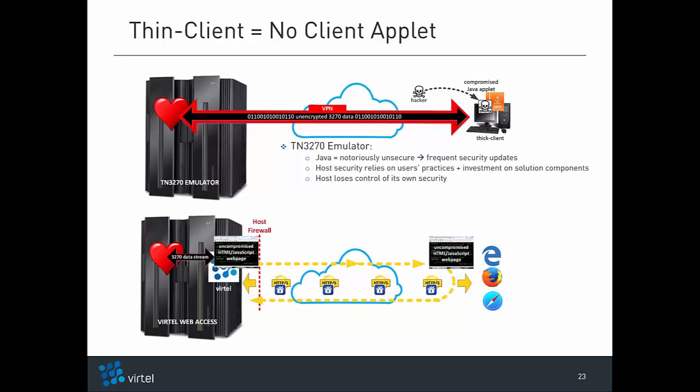With TN3270 emulators, the host security relies on the safe practices and regular Java software updates of hundreds or thousands of distributed TN3270 emulation users who know who they are and where they are and whether they are applying those Java updates. All it takes is one compromised TN3270 client to expose the host assets.